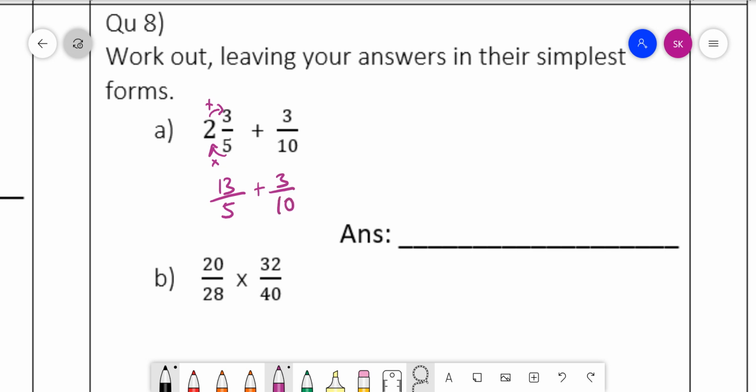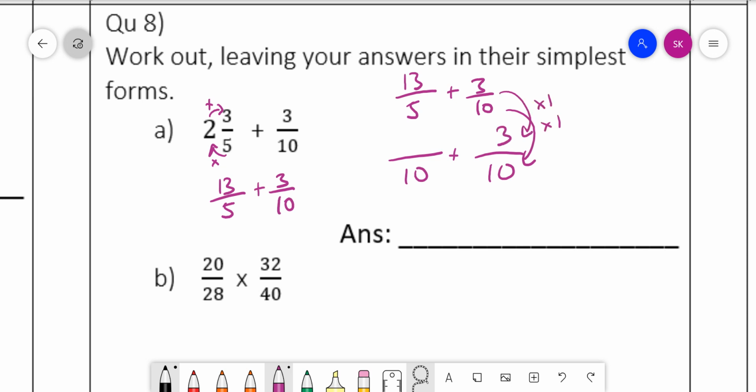And now I can do adding and subtracting fractions, find the LCM. The LCM of 5 and 10 is just 10. So that's the same as it was before. The first one, I have to times by 2. Do it to the bottom, do it to the top. 26 plus 3 is 29. That stays as it is.